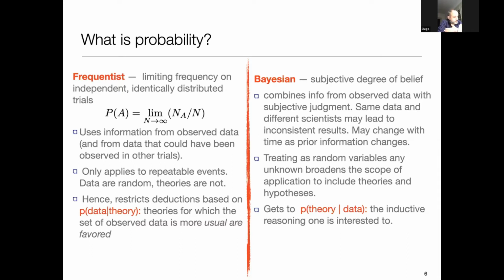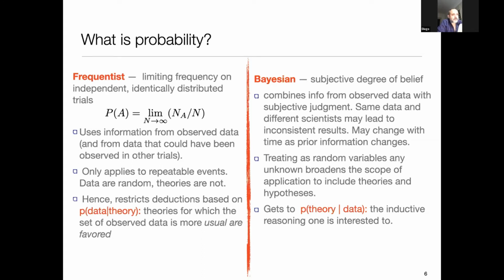So this applies to data, because data are random and can be repeated, but it's actually debatable if theories are repeatable. What is the probability that supersymmetry exists?